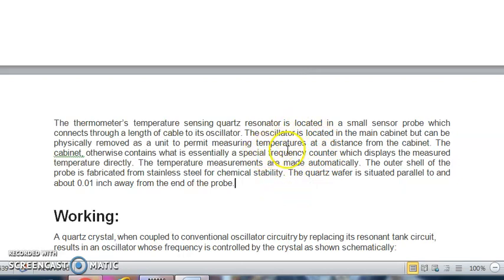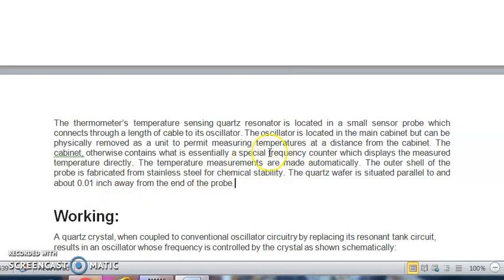The sensing part is outside the cabinet where the temperature has to be measured, and via the terminals the circuit is connected. The circuit is completely digital, in which there is a frequency counter which displays the temperature directly.